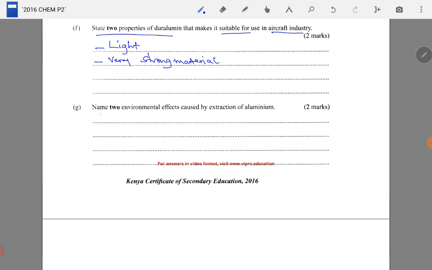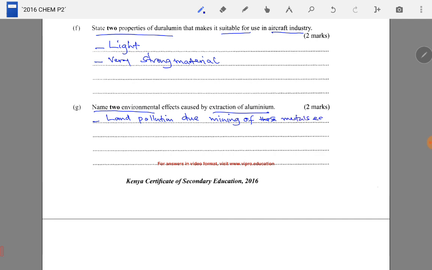The last question on this is name two environmental effects caused by extraction of aluminium. Immediately what comes to your mind is any extraction of these metals normally causes a lot of problems with the land. So there is land pollution due to mining of these metals.